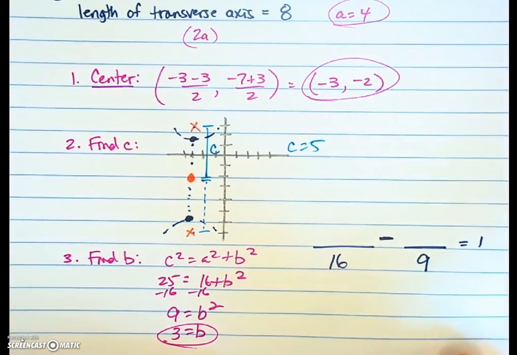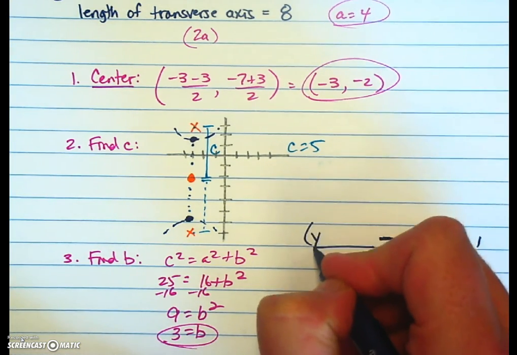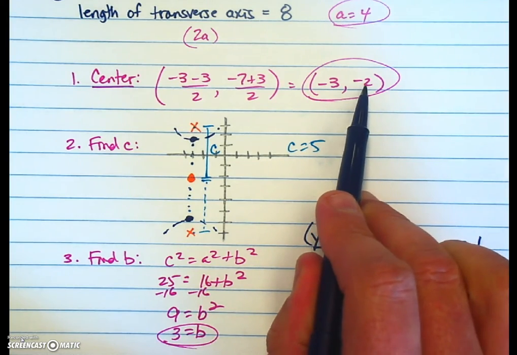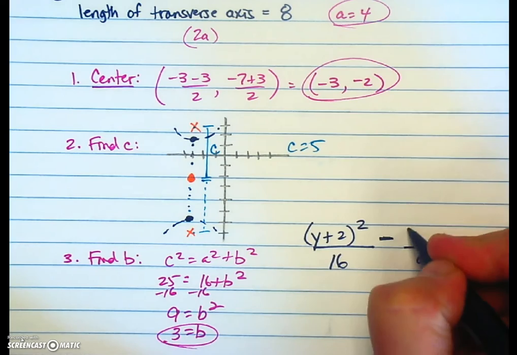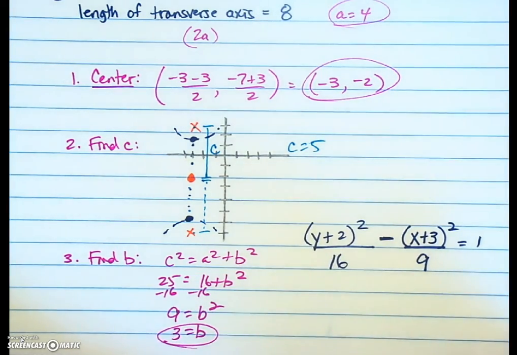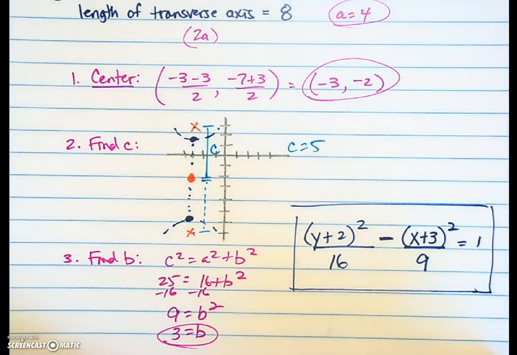Remember, it's not the larger number for a hyperbola. So since it is vertical, we're going to put our Y expression on top here. So we're going opposite of K, so Y plus 2 squared, and then opposite of H there, X plus 3 squared, and that is the equation of our hyperbola.